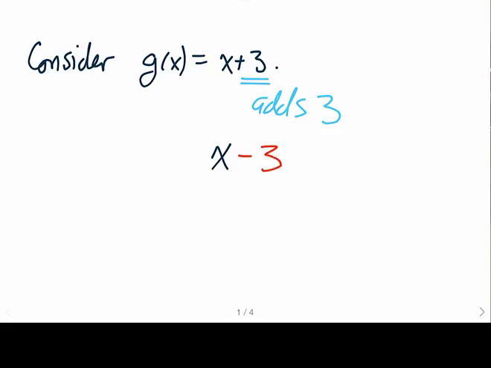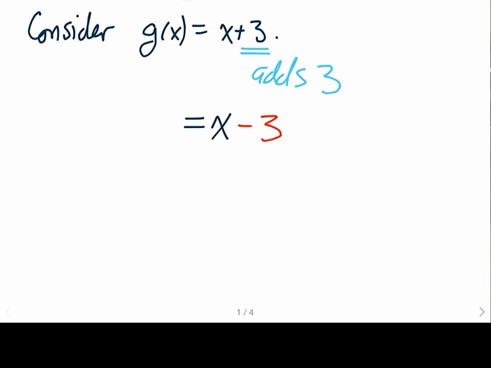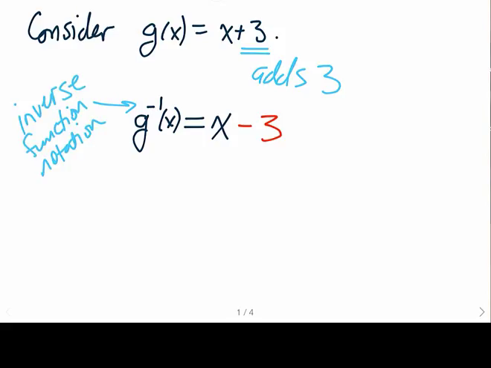In that sense, we have this new thing that undoes what g does. In terms of notation, we would denote this g to the -1 of x. It's not an exponent. This is inverse function notation, read g inverse of x, and is appropriately named because it undoes what g does.